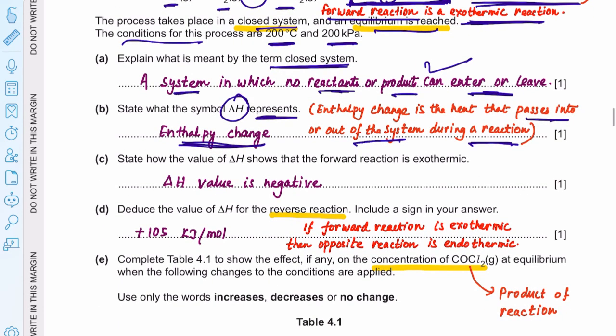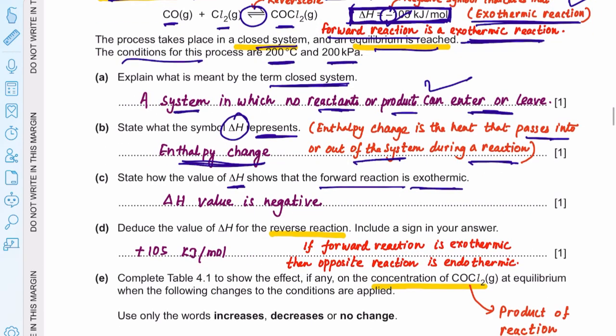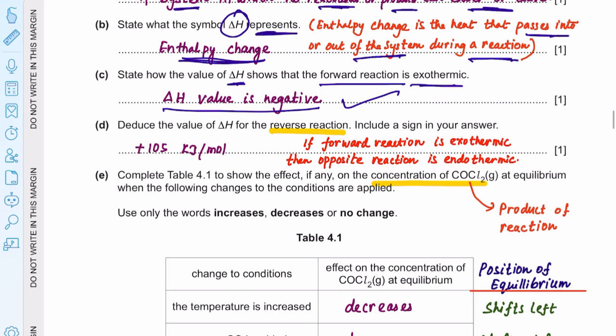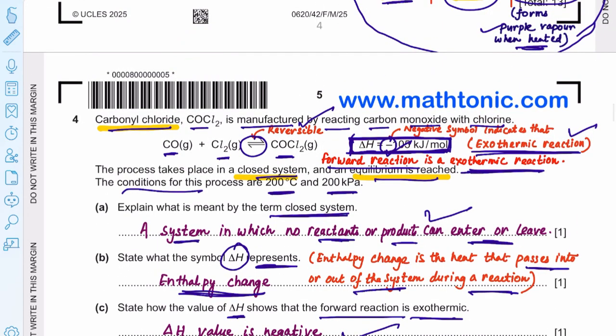State how the value of ΔH, or enthalpy change, shows that the forward reaction is exothermic. So basically, simple, I told you already, if this is negative, so delta is negative, that's why we can say this is exothermic. Now deduce the value of ΔH for the reverse reaction, include a sign in your figure. You can see here, I told you already, this value always gives you the forward reaction, got it?